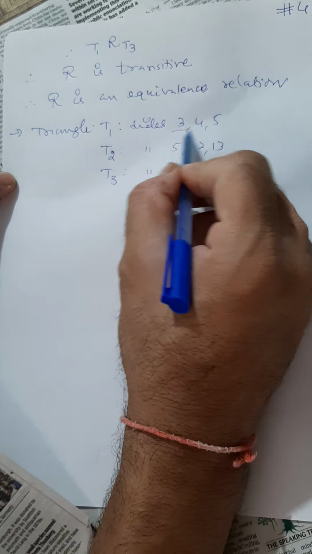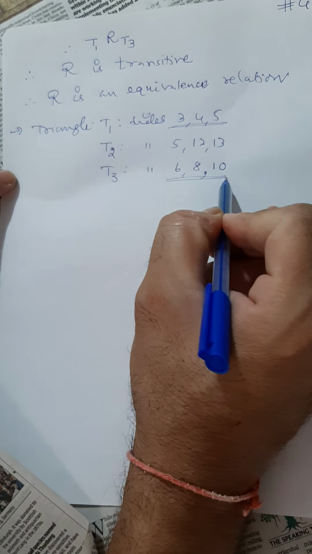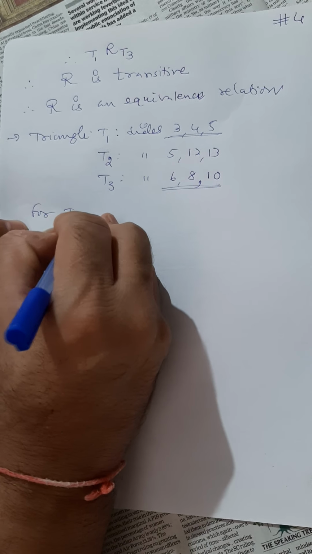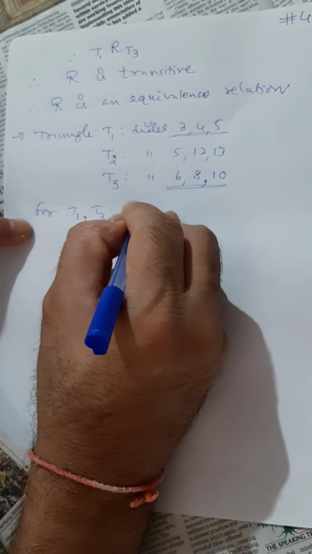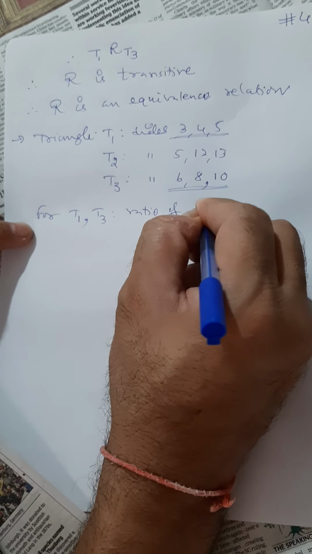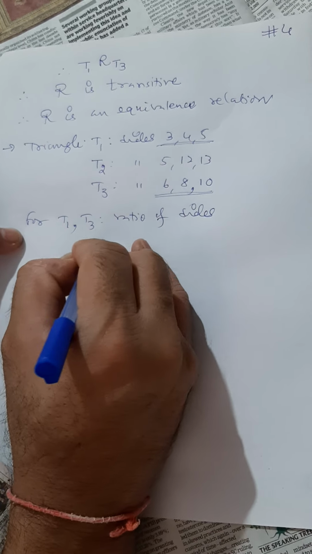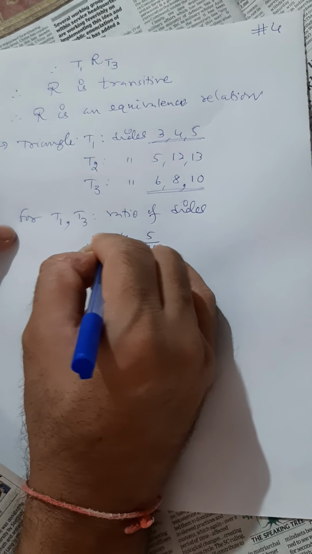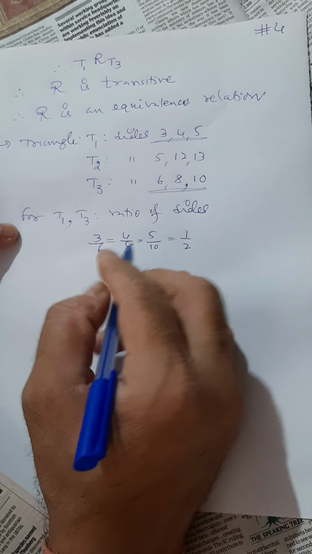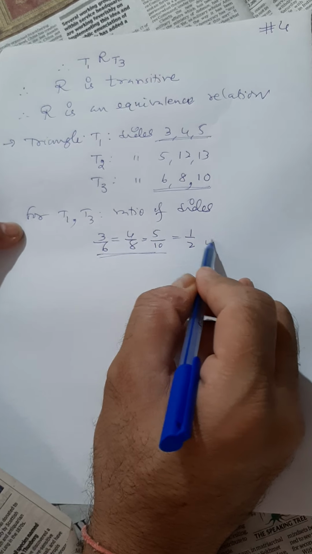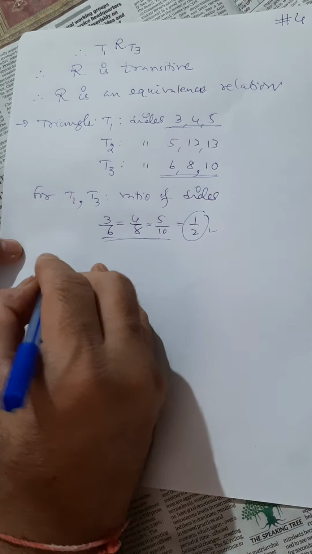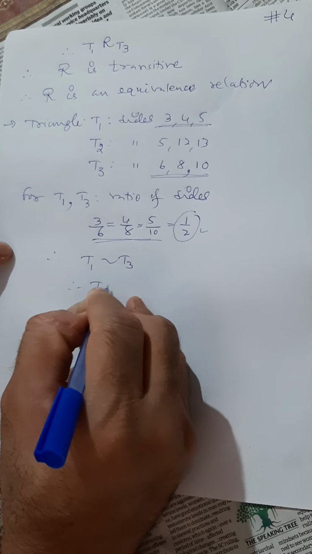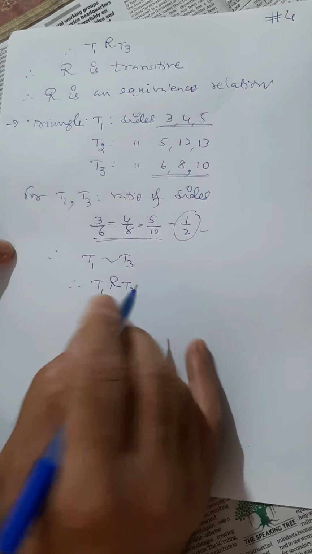Now clearly you can see that the ratio of the corresponding sides of T1 and T3, that is 3 by 6, 4 by 8, 5 by 10, each of these, you know, is 1 by 2. So here the ratio of the corresponding sides is constant, which is 1 by 2. So therefore T1 is similar to T3, and therefore you can say that T1 is related to T3.